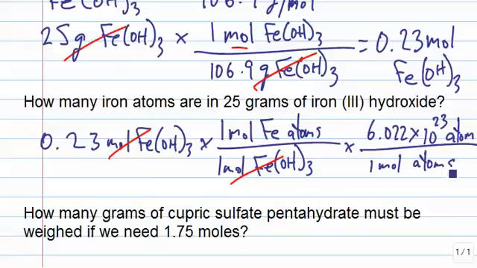Okay, and so in our calculators, all we have to do is take that number, 0.23 moles of ferric hydroxide, times Avogadro's number, telling us we have 1.4 times 10 to the 23rd iron atoms in 25 grams of iron 3 hydroxide.